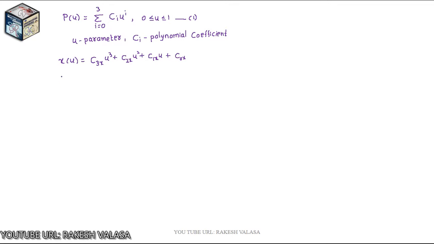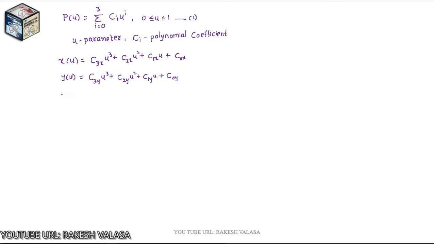Similarly you can write y of u. Just replace x with y, that is C3y u cube plus C2y u square plus C1y u plus C0y.